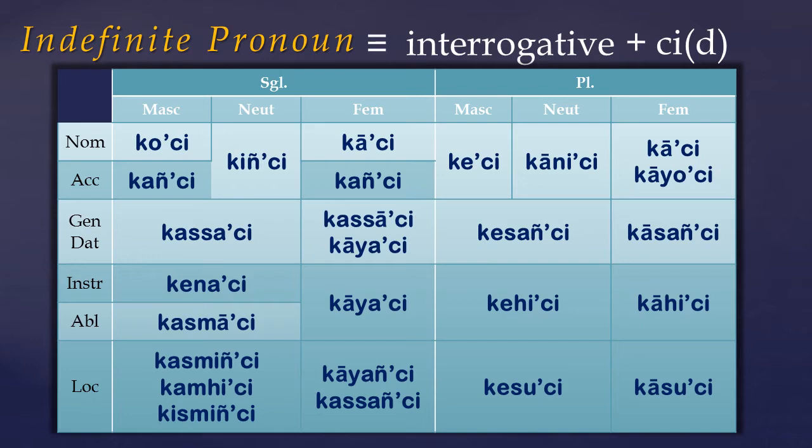Whereas if they're acting as a pronominal adjective and qualifying another noun, they take the same gender, case and number of the noun that they qualify. The important thing to understand with these pronouns is that the ci suffix is indeclinable and doesn't change, but the interrogative part declines according to the function that it's playing in the sentence.